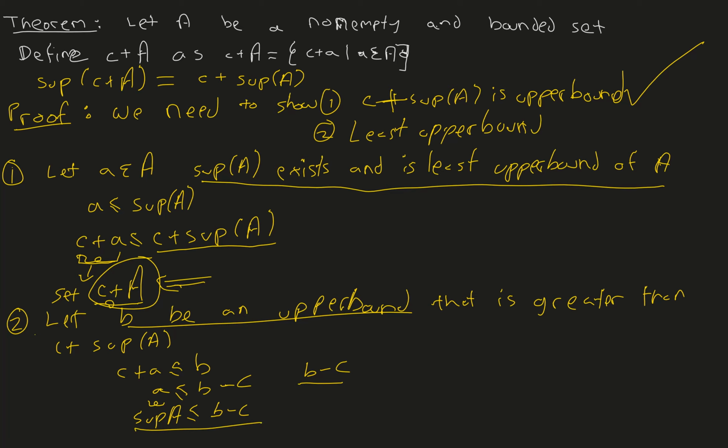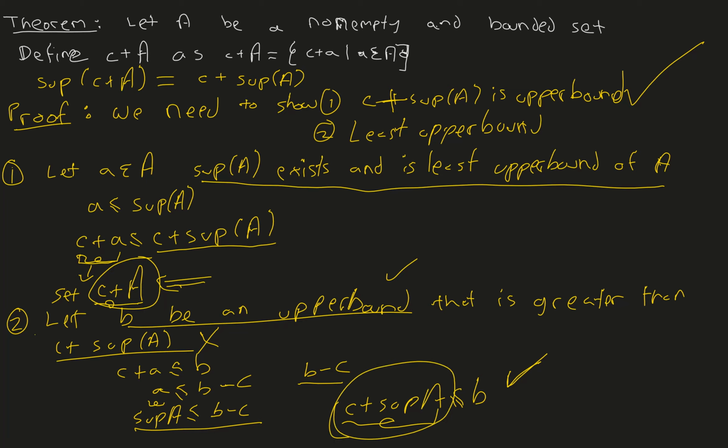So we get this, and we just take C to the other side of the inequality. We get C plus supremum of A is less than or equal to B. So our initial assumption that B is less than C plus supremum of A is wrong. So if there's any other upper bound B, it is definitely greater than or equal to our supremum, C plus supremum of A. So C plus supremum of A is indeed the least upper bound.